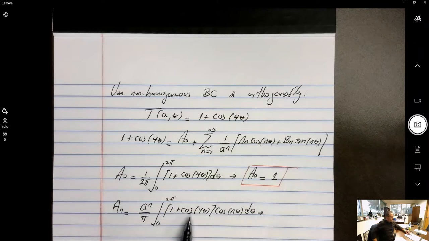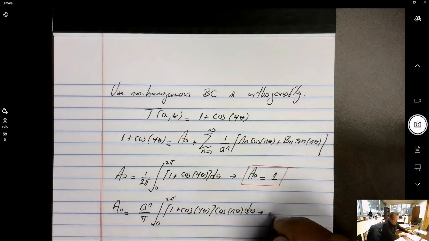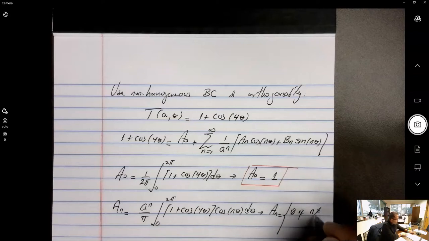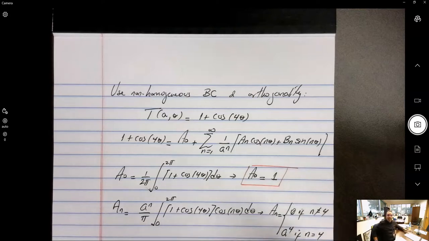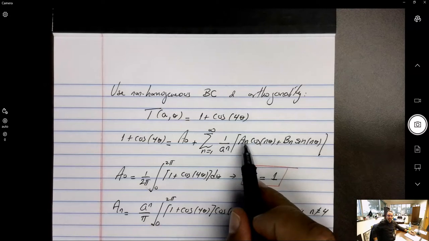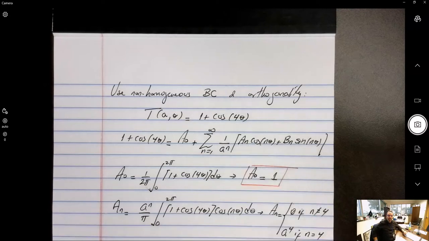Now the integral of the cosine of 4 theta times the cosine of n theta is 0 unless n is equal to 4. So basically, an is equal to 0 if n is different than 4, and is equal to a to the 4 if n is equal to 4. So all the an's are equal to 0 except a4.